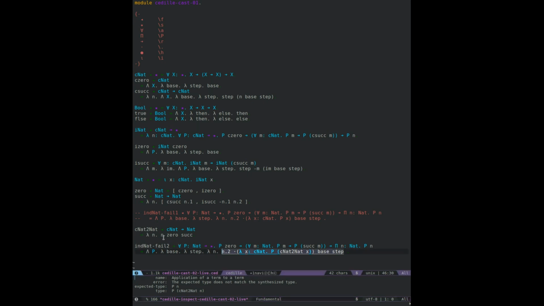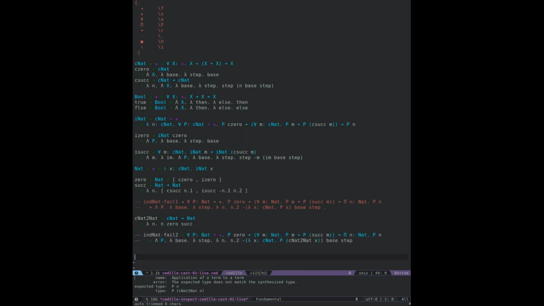By applying n to 0 and successor, we have effectively just rebuilt the natural number, but now with this fancier nat type instead of the cnat type. So what we need, finally, in order to prove induction, is a reflection law.